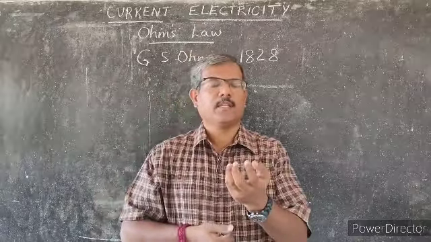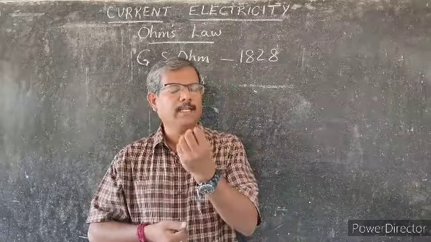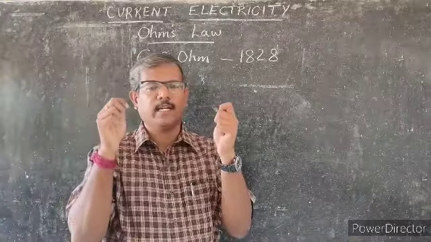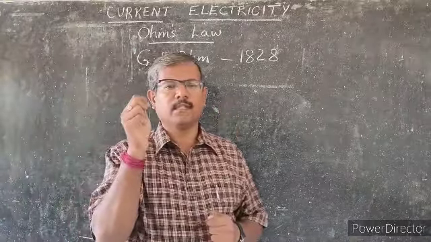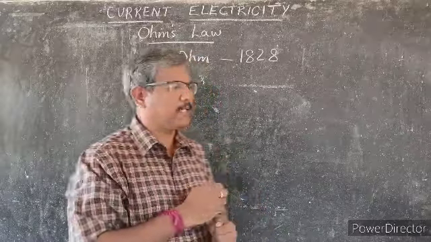So he thought that a similar analogy might exist between potential difference or the voltage that's applied between the ends of a conductor and the flow of current between the two ends.